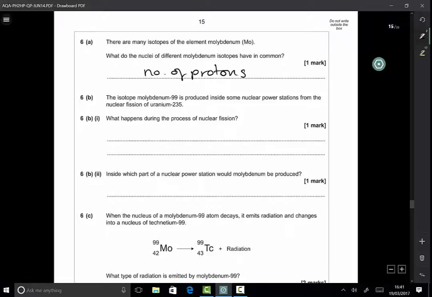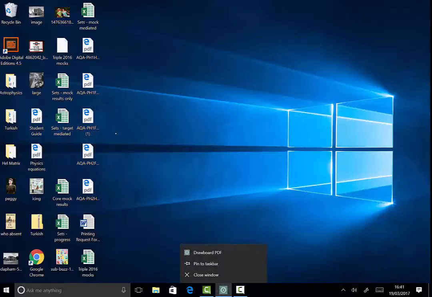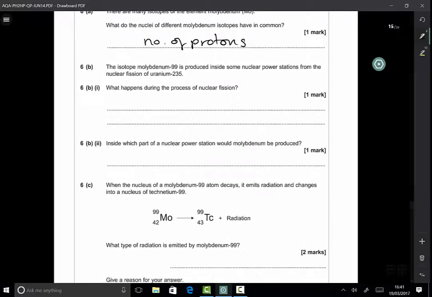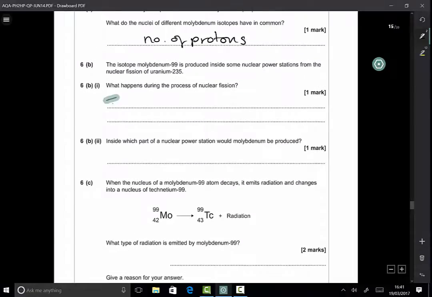The isotope molybdenum-99 is produced inside some nuclear power stations from the nuclear fission of uranium-235. What happens during the process of nuclear fission? Heavy nuclei, that's one with the big number there, split into smaller nuclei.